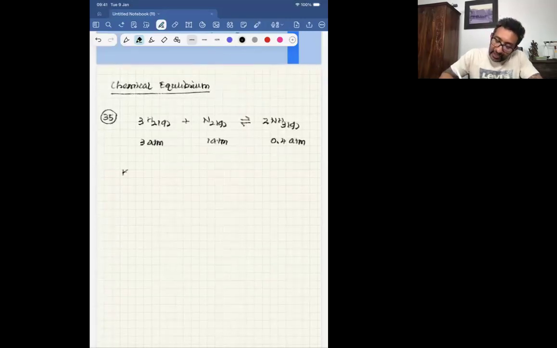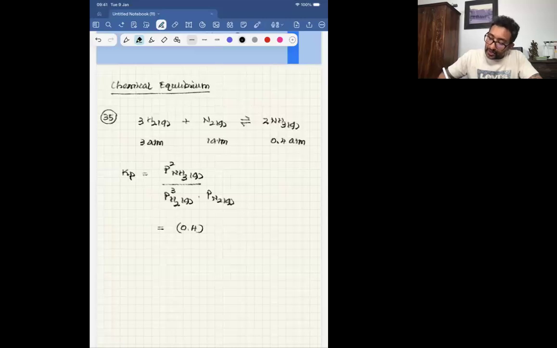Kp is equal to what? Partial pressure of ammonia squared divided by partial pressure of hydrogen to the power 3 times partial pressure of nitrogen. What do you get? 0.4 squared divided by 3 to the power 3 times 1.